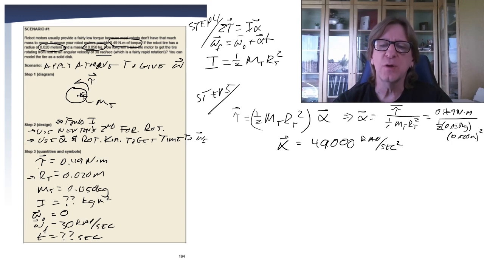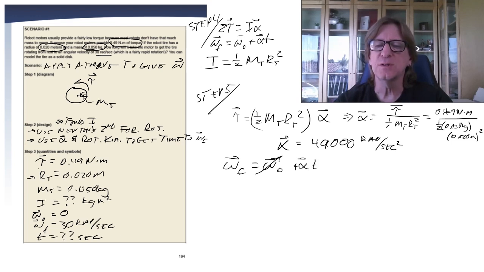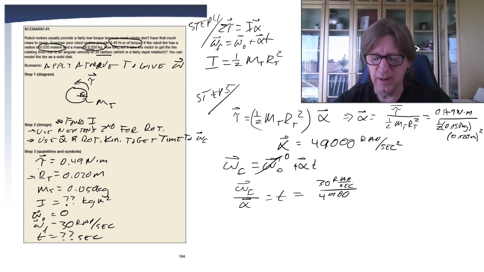All right, then we're going to go to our rotational kinematics equation, which is this. Now our initial omega is 0. I'm solving for t, so omega f divided by alpha must equal t. My omega f was 30 radians per second divided by 49,000 radians per second squared.